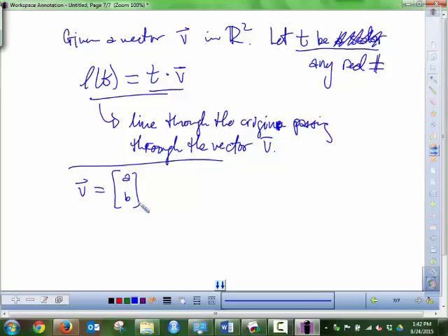All right. So L of t turns out to be t times the vector v, and that is equal to at, bt, right? And so it turns out that these are the x and y components.